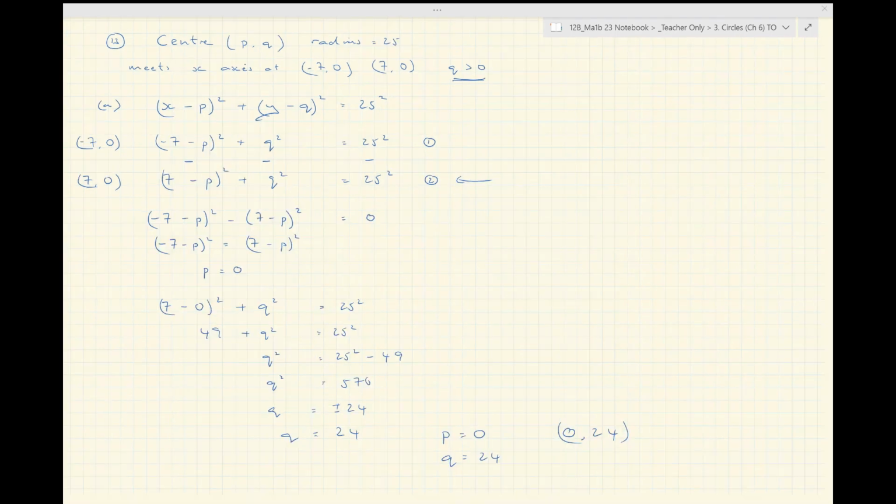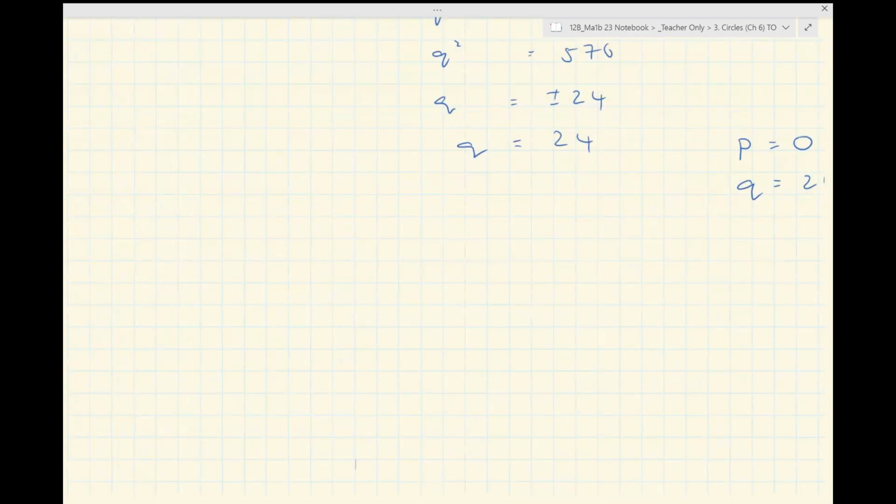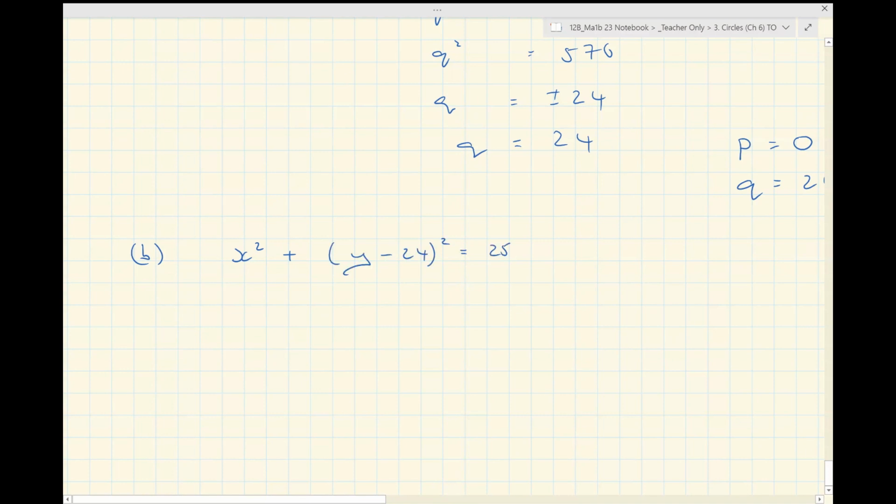Part B. I need to find the points where this circle meets the y-axis. First of all, let's write down the equation of the circle. I know the center is 0, 24, so it's x squared plus y minus 24 squared equals 25 squared. I need to find the points where this meets the y-axis, so x is 0.